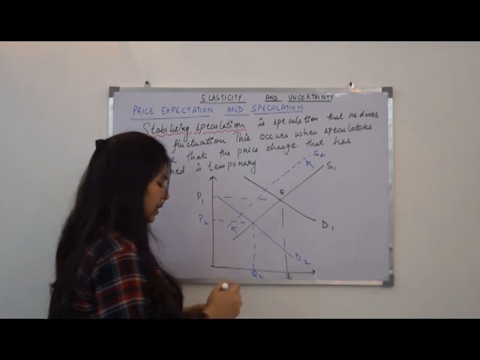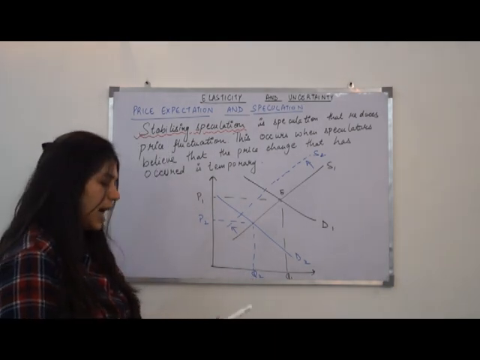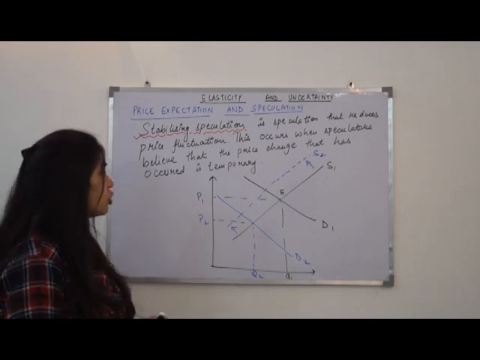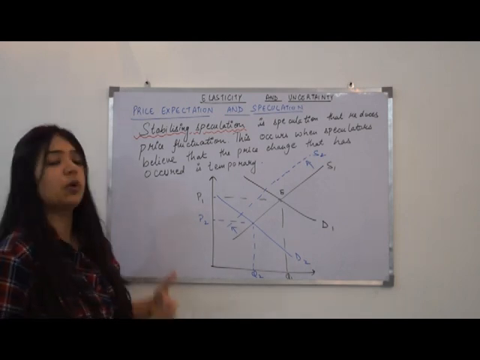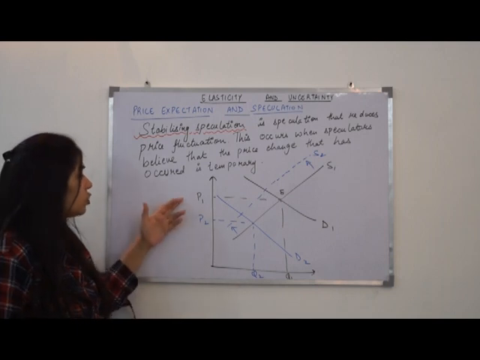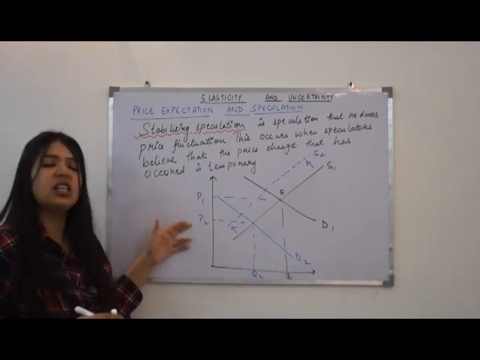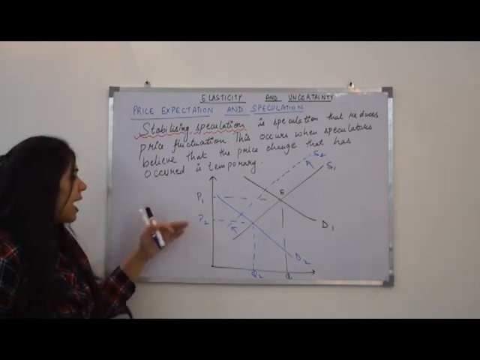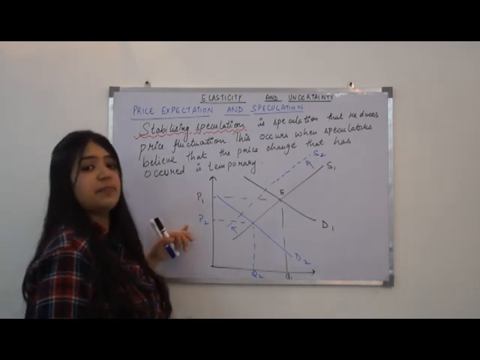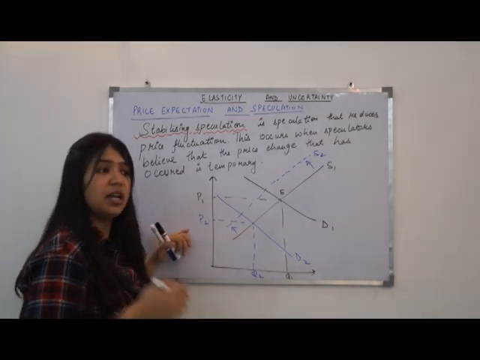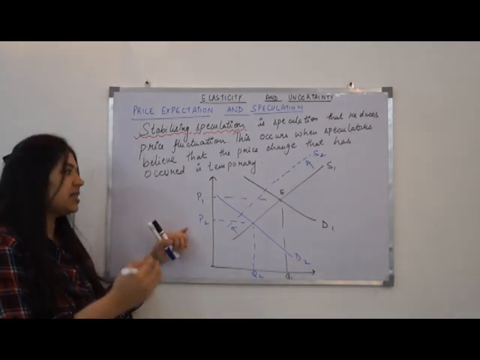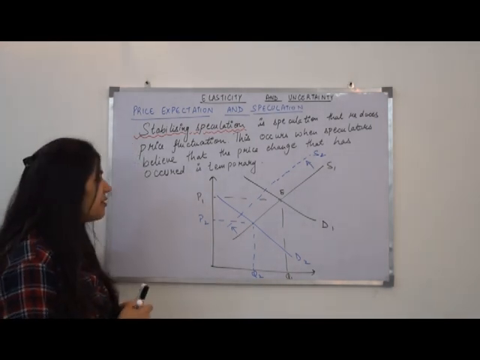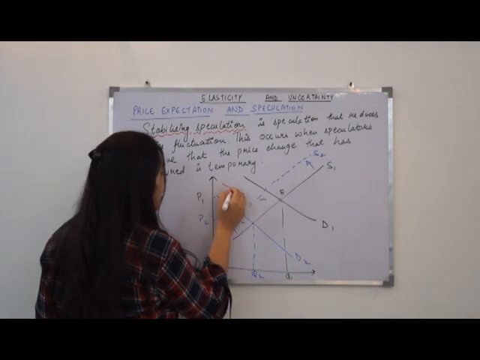We have this as the demand right now in the absence of speculation. Now, what happens is that the consumers also think that the price is going to come back up. So they also think that the decrease in the price was temporary. If the price drop is temporary and they expect the prices to increase in the future, as we have discussed in the previous case, when consumers expect the price to increase in the future, they will increase their demand.